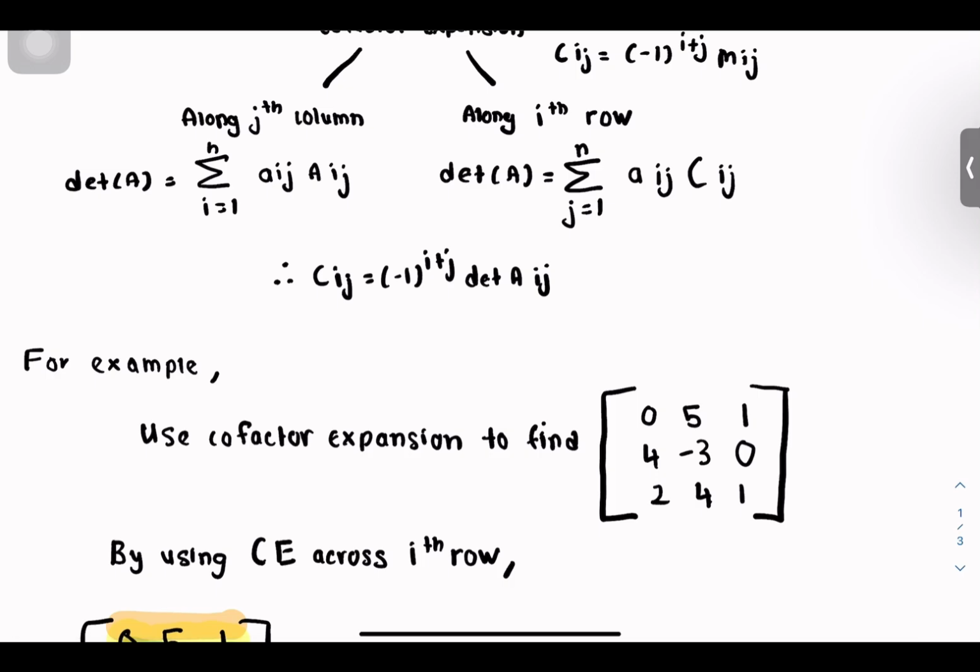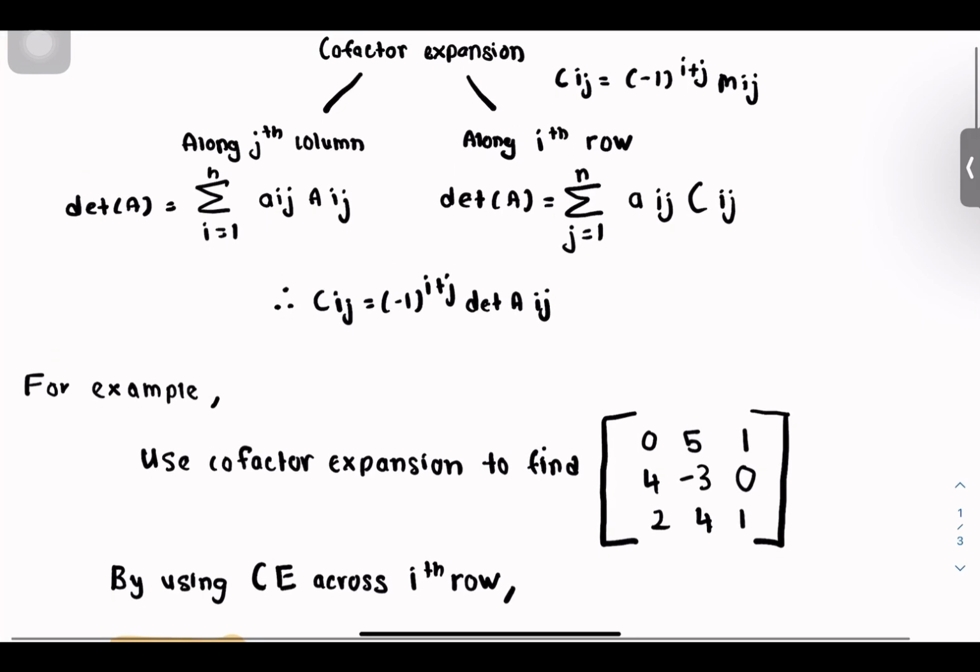The formula for a column is the summation of Aij and Cij. For a row, it is also the summation of Aij and Cij. From that we can derive the cofactor formula, Cij equals -1 to the power of i plus j times the determinant of Aij.